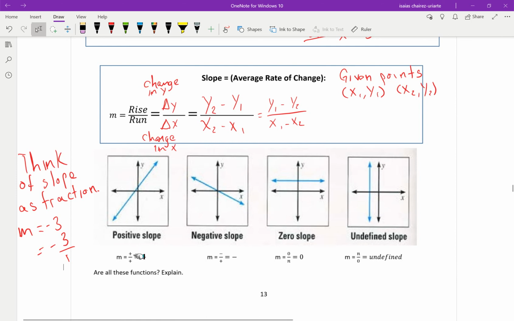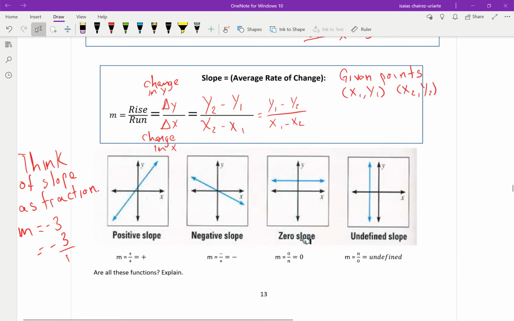So positive over positive, you go up and then to the right. Whereas over here with negative slope, my line is decreasing from upper left to bottom right. Why? Because my rise is negative, so from one point I have to go down and then to the right, and then down and then to the right.